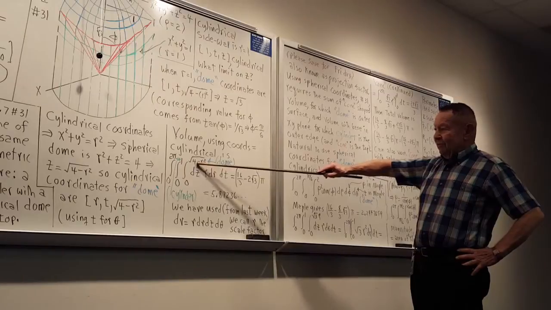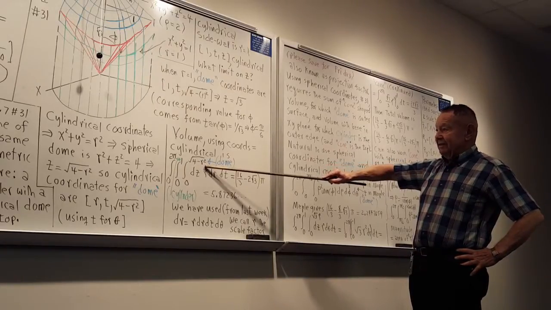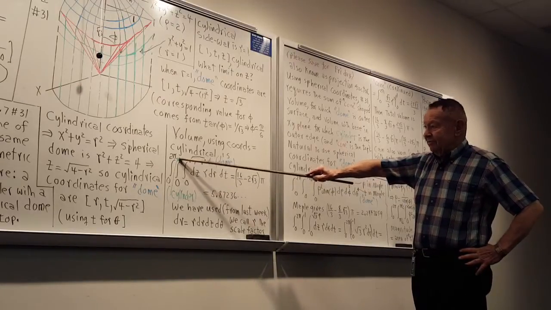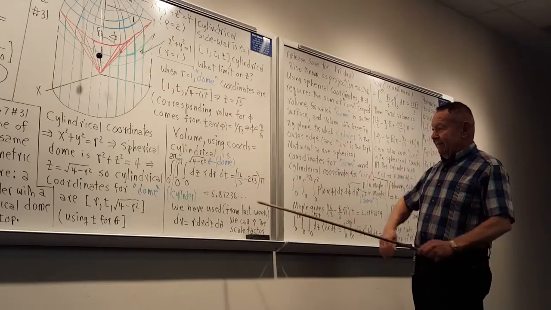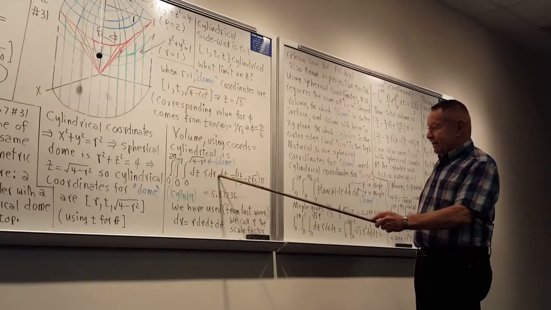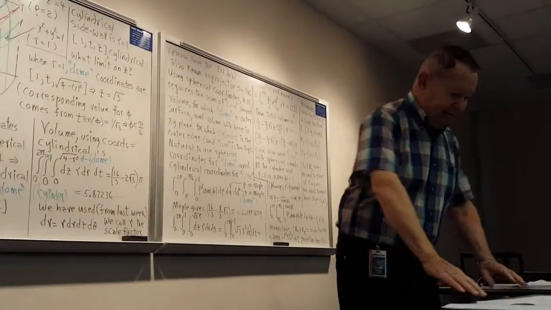So that's 4 minus r squared in cylindrical coordinates. And then the r is going from 0 to 1, and the angle around is 0 to 2 pi. And you could work this out by hand, or you can simply ask Maple.